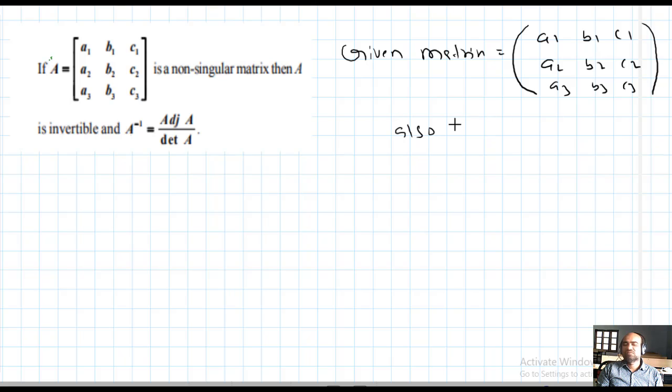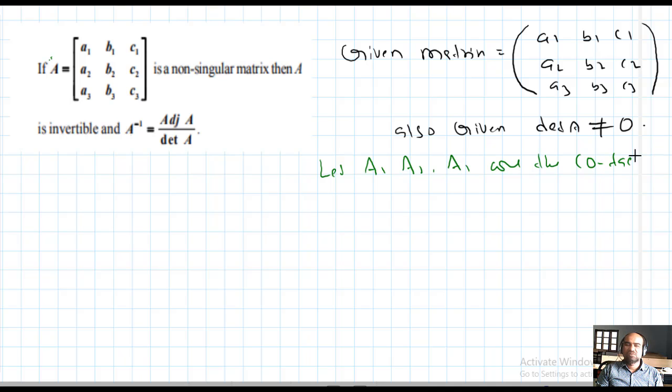Also given determinant of A is not equal to 0. Let capital A1, capital A2, capital A3 be the cofactors of small a1, small a2, small a3 respectively.